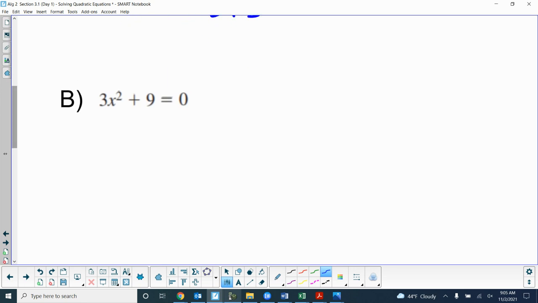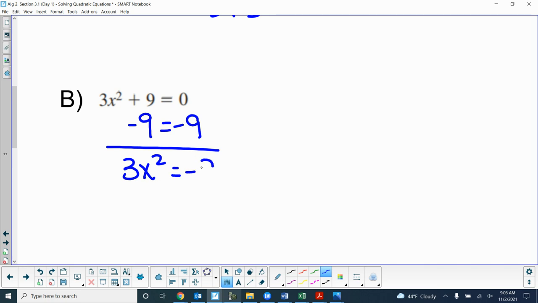Now, what am I going to do first? All right, so what's the first step to get x squared alone? Minus the 9, right? Subtract 9. Then what? Divide by 3, thank you. Now, what's negative 9 divided by 3? Negative 3.